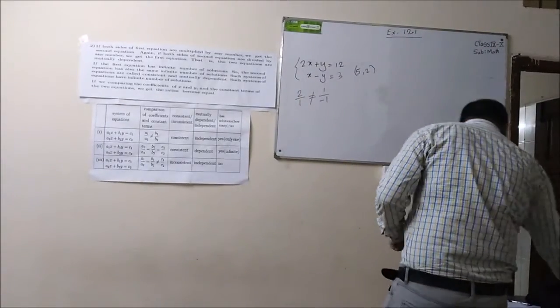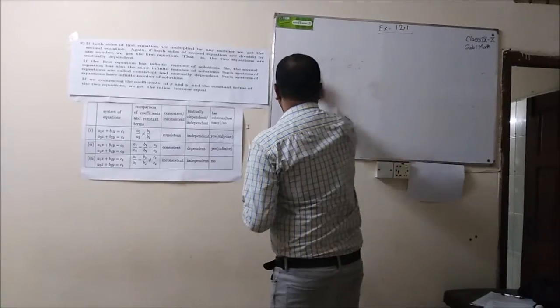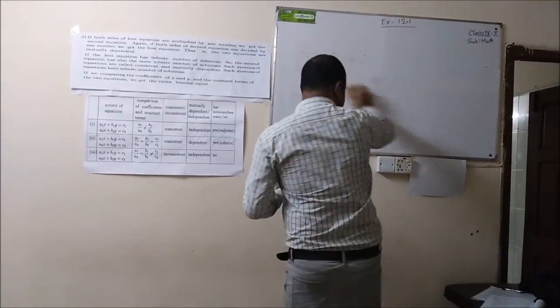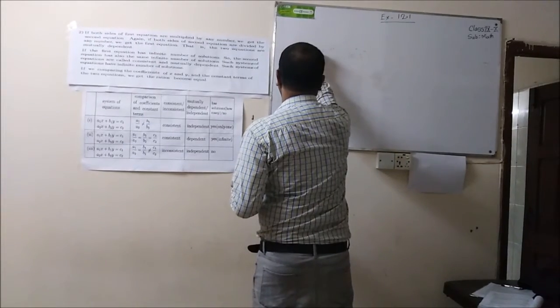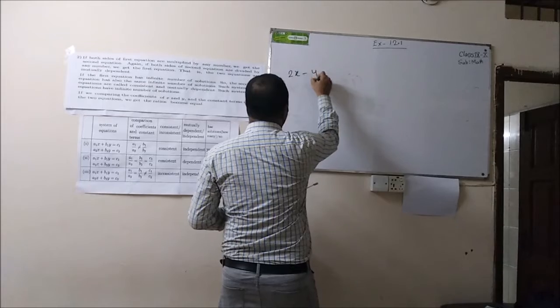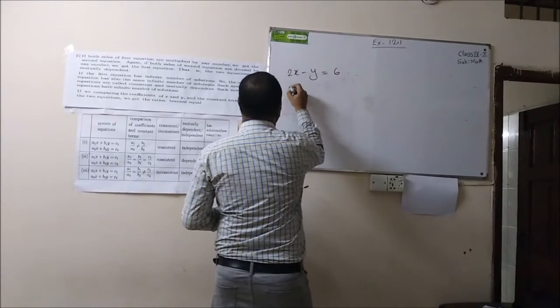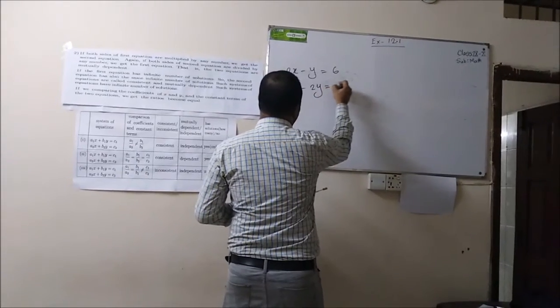So I am just going to write another system of equations: 2x minus y equal to 6 and 4x minus 2y equal to 12.